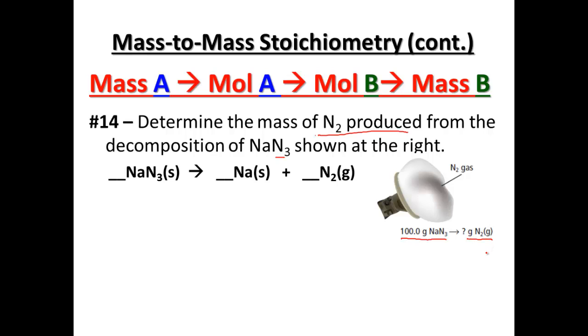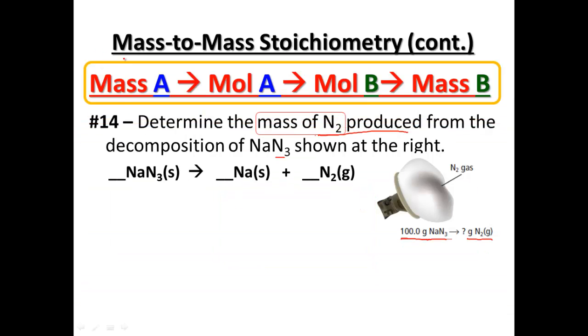How much N2 are we going to produce during this reaction? We're starting out with the mass of NaN3, moving from mass to moles, our first conversion, then our mole to mole ratio, and then moles back to mass, so that we can go through our 3 conversions.